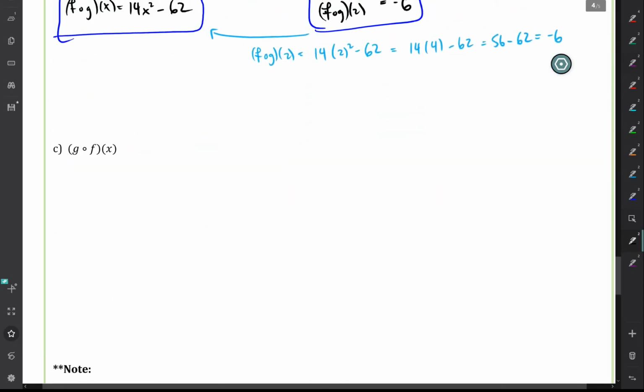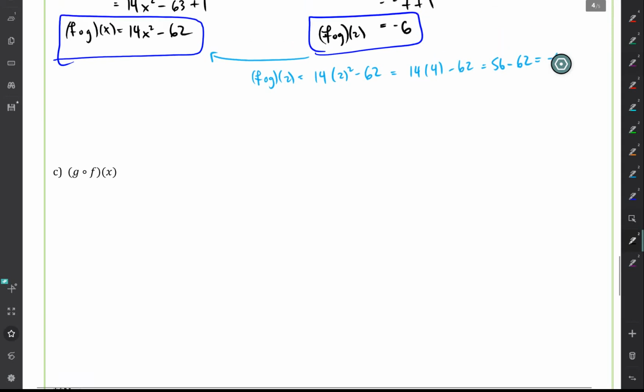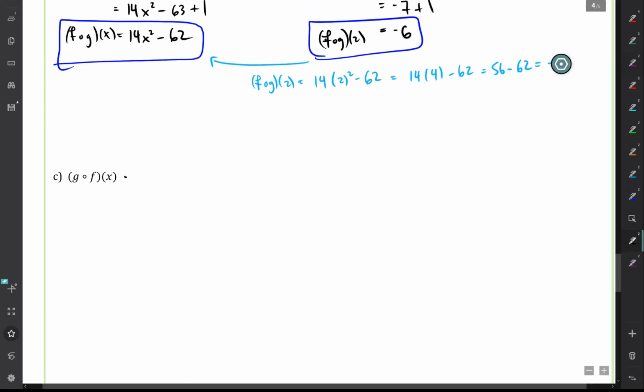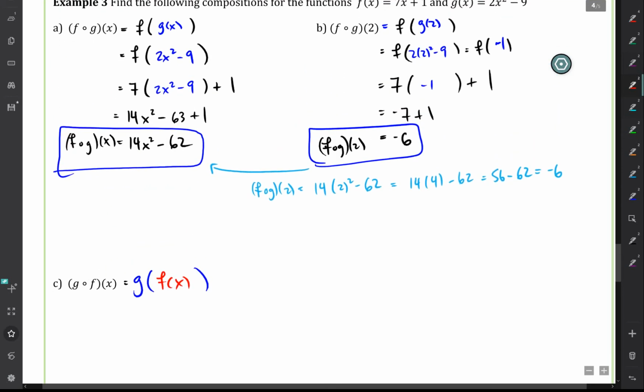Okay. Now, in the last example here, in part C, we're asked to find g of f of x. So now you have to write this as g of f of x, where f of x is 7x plus 1.